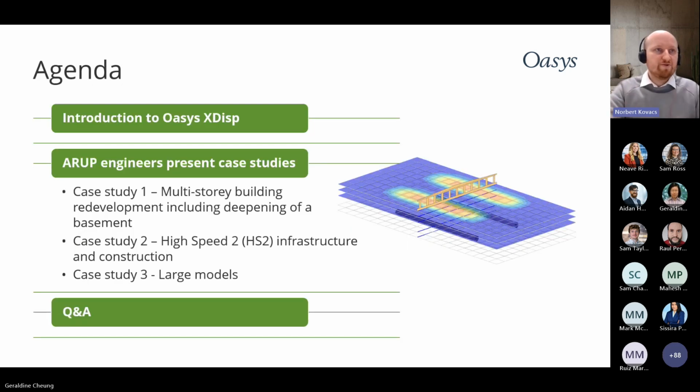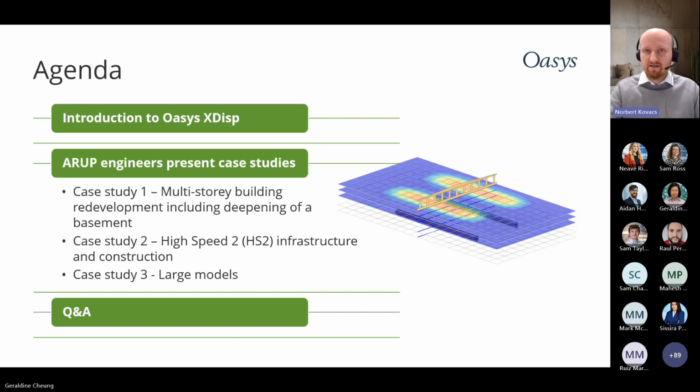Now, what are they going to be talking about? We will start off with an introduction to Oasys XDisp. This is going to be for the benefit of anyone who hasn't heard about XDisp before, just a brief and basic introduction, followed by our colleagues from ARUP.